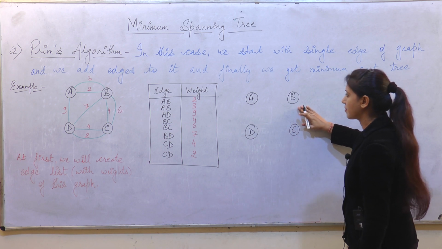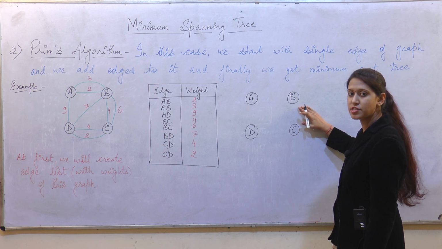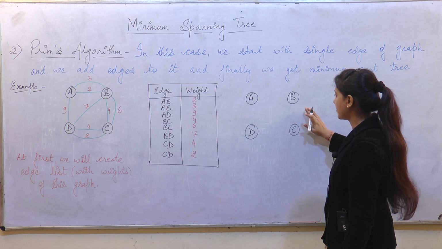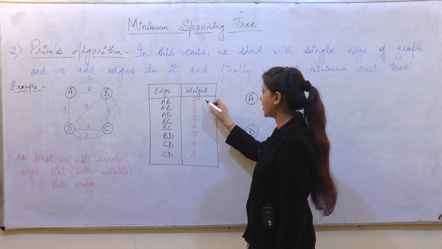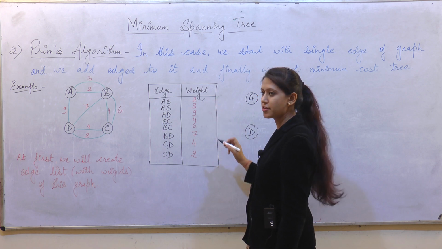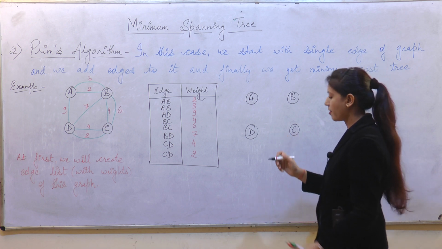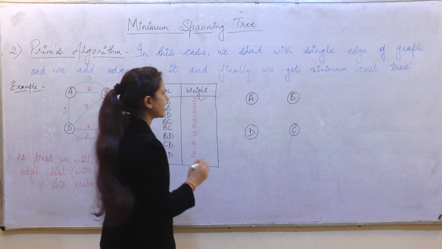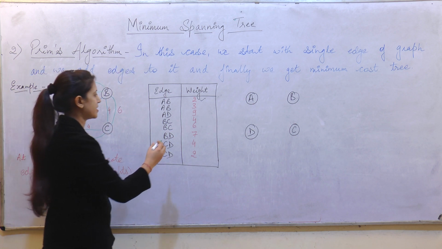So after making the skeleton, we will join the edges one by one according to their minimum weights. Okay, so for joining nodes A to B, we will see the minimum weight.